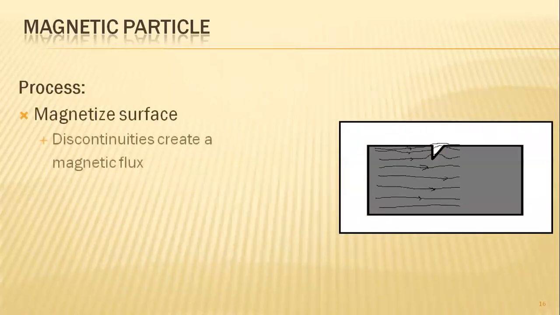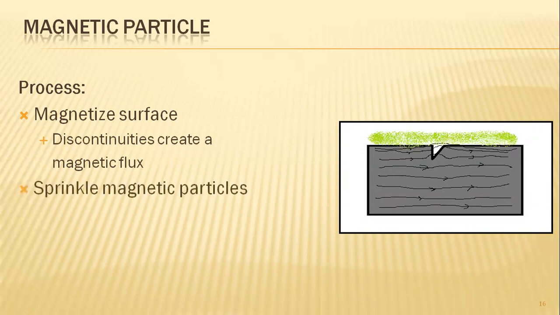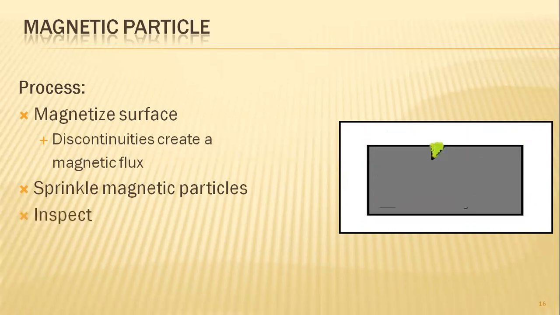We'll have a detailed visualization of the process here. First, magnetizing of the surface, and then creating the magnetic flux or sprinkling the magnetic particles on it. After that, the inspection is done.